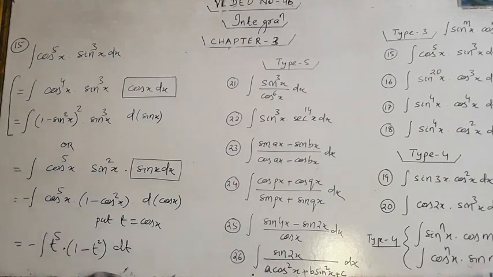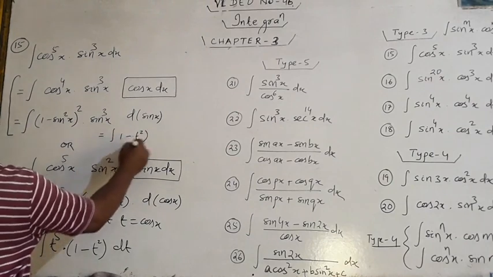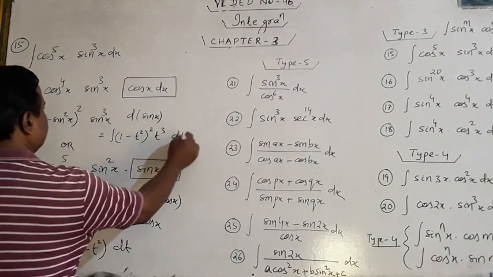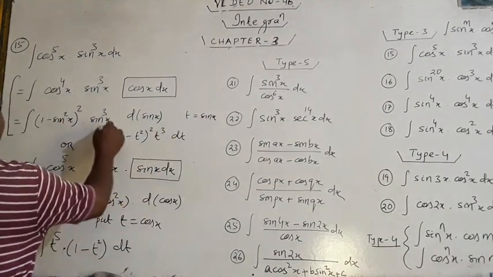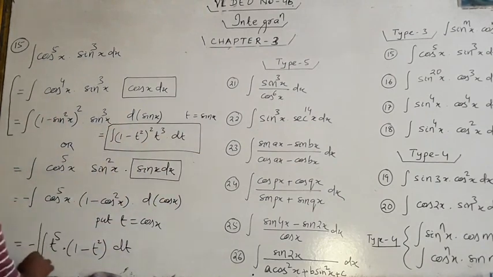Here, if you put t is equal to sin x, it is in the form 1 minus t square whole square t cube dt. Look at here. This integration is simple or this integration? Which one? Naturally this one is simple.